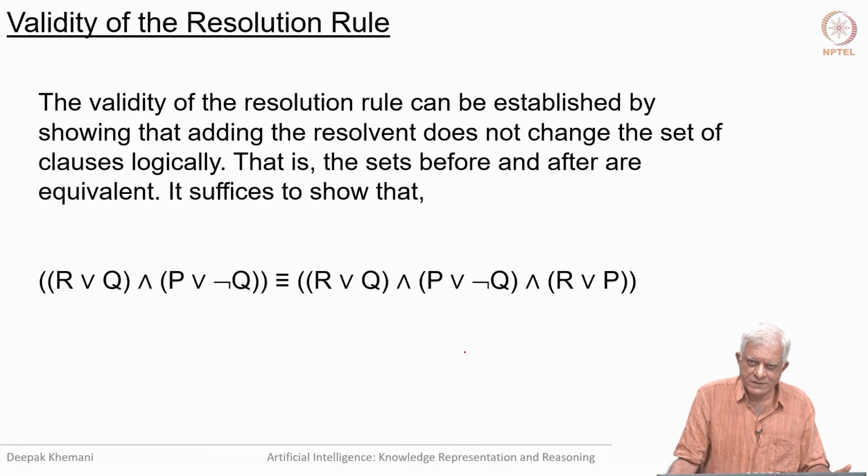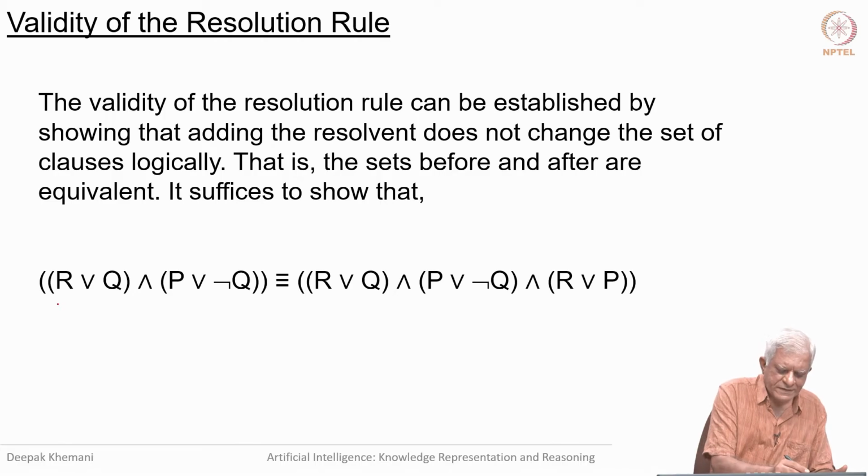Is this rule a valid or sound rule? We have already seen how to do that. In this case, it suffices to show that this formula that I have written here is a tautology. What is this formula?